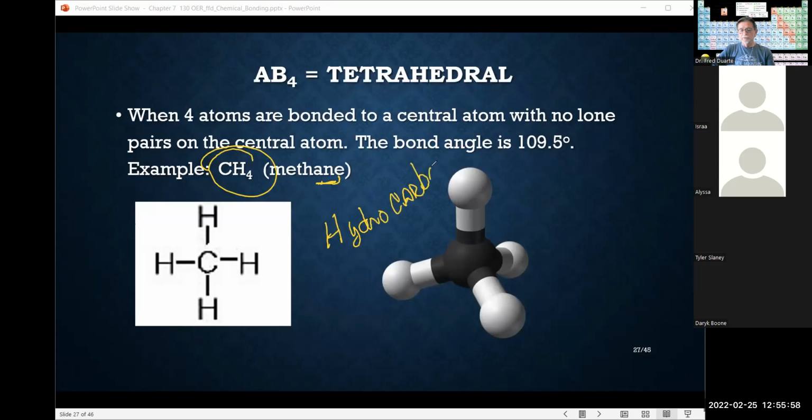They're called hydrocarbons because the only things associated with them are carbon and hydrogen. That's it. This is the smallest hydrocarbon example. They can be very big. A lot of the hydrocarbons we burn could be 10, 15, even greater carbon chains. But tetrahedral configuration.